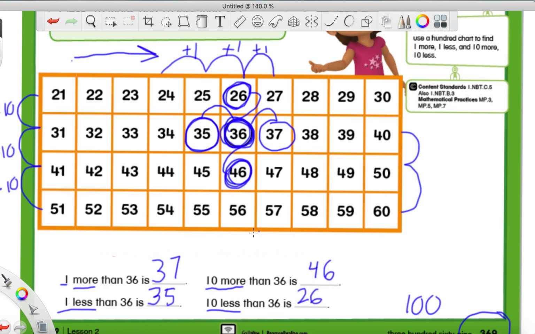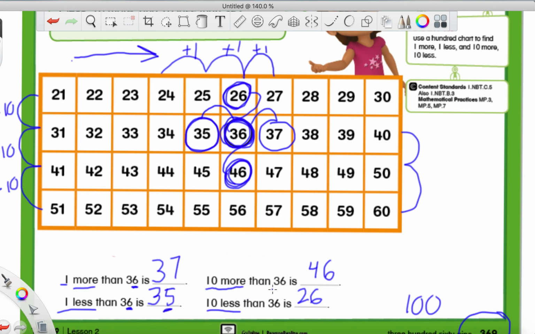Now remember, I pointed this out on yesterday's lesson that when we do one more, we are looking at that ones place. So for 36, it's at number 6, and it gets bigger by 1. And for 1 less, we're still looking at that 6 because it's in the ones place, and it gets smaller by 1.